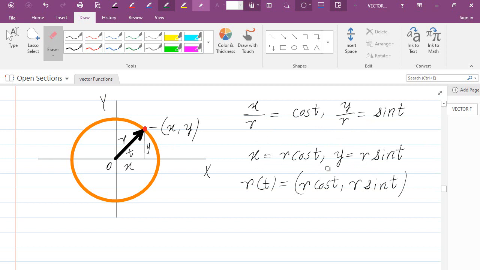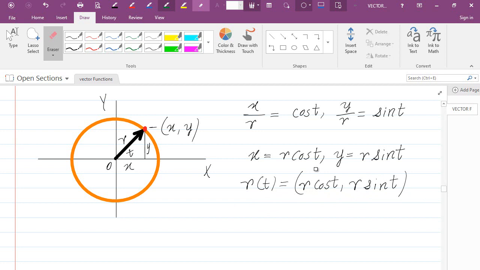And so the parameterization of this circle would be given by the vector function r of t, which would be the position vector r cosine t comma r sine t. Okay, so we have come up with the formulas that we wanted.